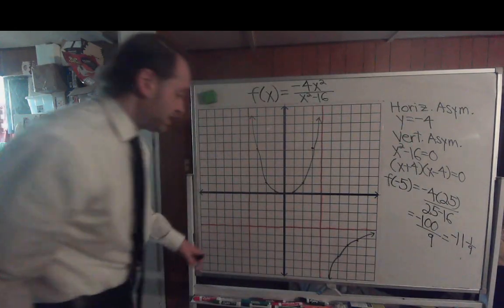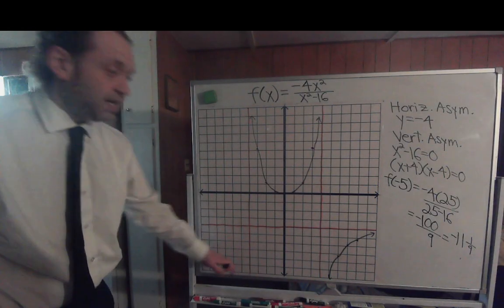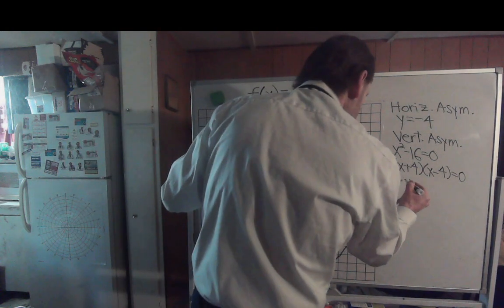Again, this is way off the chart when x equals -5, but what about -6? Okay, so let's do f of -6.